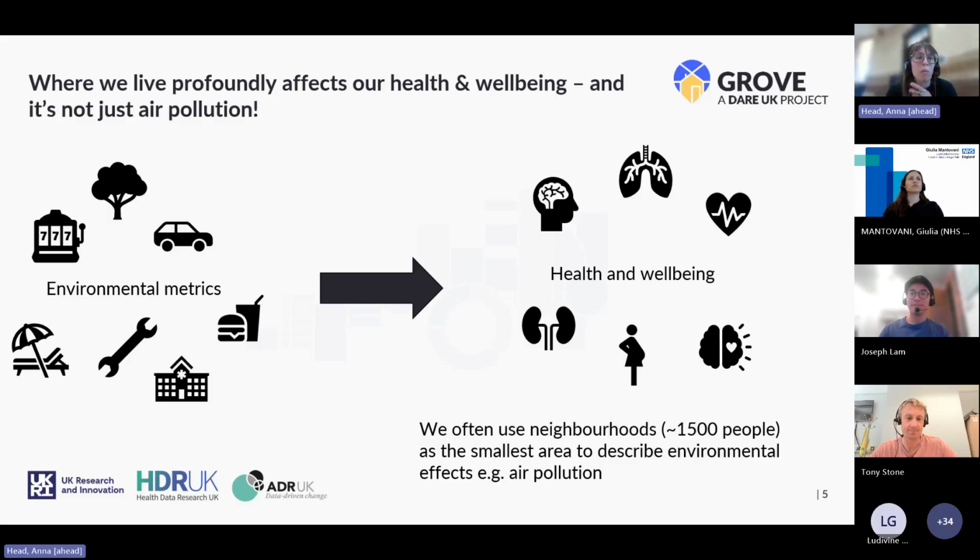What we might have traditionally done in epidemiological analyses would be to use neighbourhood level or LSOA level metrics that are around 1,500 people, but because these environmental factors are unequally distributed, these area level analyses hide household level effects. So ecological fallacy essentially, and the analyses at area level don't allow us to look at household level interventions.